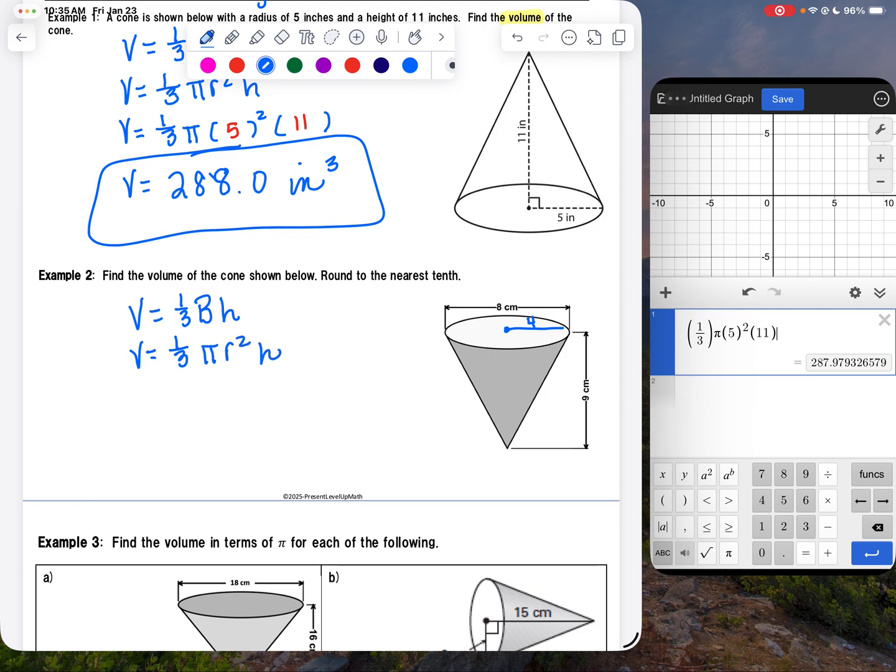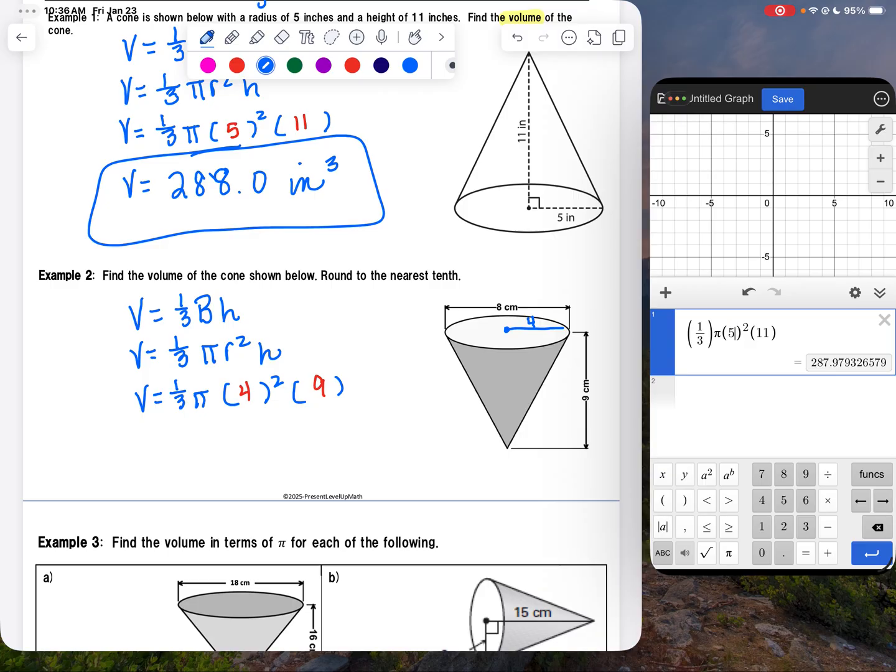Pause the video and try the rest of the problem on your own. All right, welcome back. Let's see how you did. So I did 1/3 pi, parenthesis squared, and I plugged in a 4 for my radius and a 9 for the height. I'm going to use the calculations that I already have.